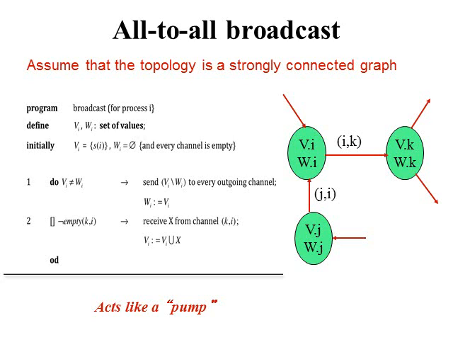So when V sub I becomes not equal to W sub I, we send the latest V sub I on every outgoing channel, and we update W sub I to the latest values of V sub I. Whenever a new state is received, the value of V sub I changes, so we send the new value of V sub I out on the outgoing channel, and we update the set W sub I to the latest values which are in V sub I.